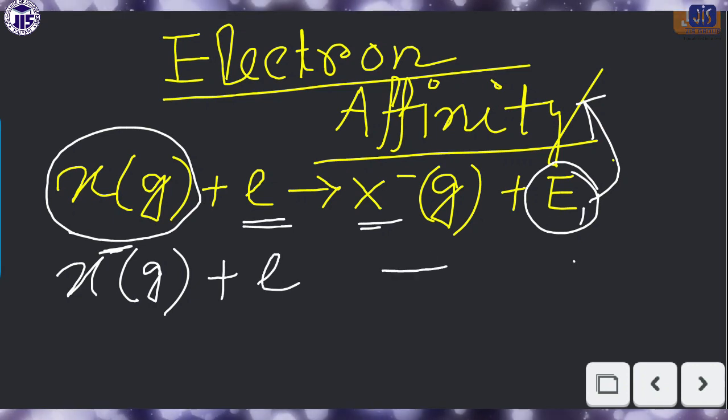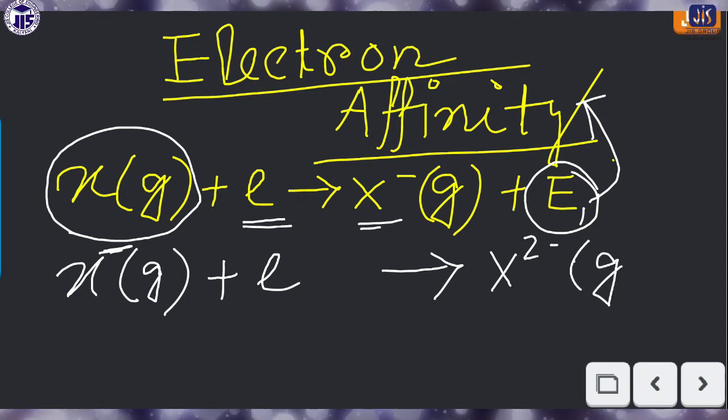Then it will be X2 minus in gaseous state. But in the second step we have to provide energy instead of energy coming out from the atom. This is very interesting, it is E2.